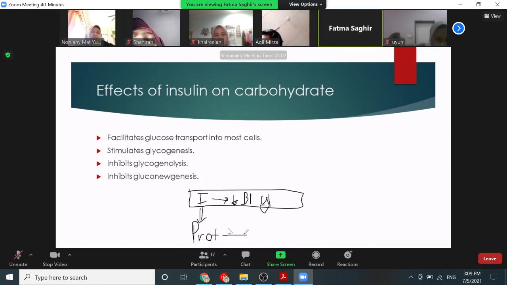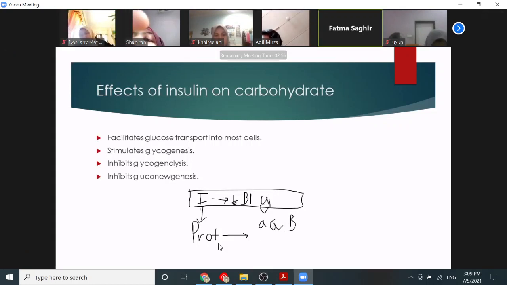Okay, if we talk about protein, we will talk about amino acids, isn't it? Yes. Amino acids in the blood. So what do you think? Does insulin facilitate uptake of amino acids by body cells? So we have protein, and we have amino acids.